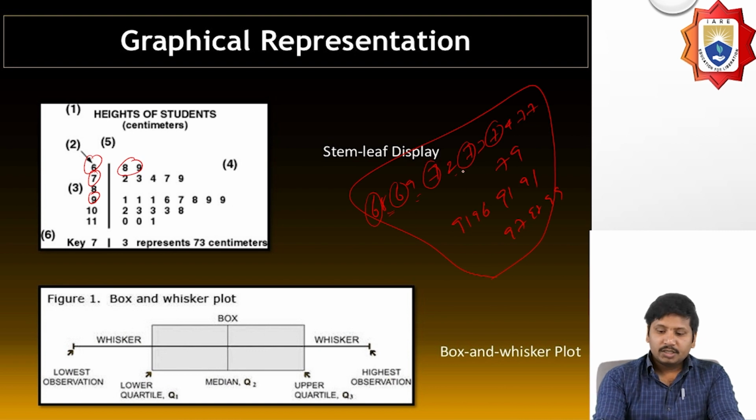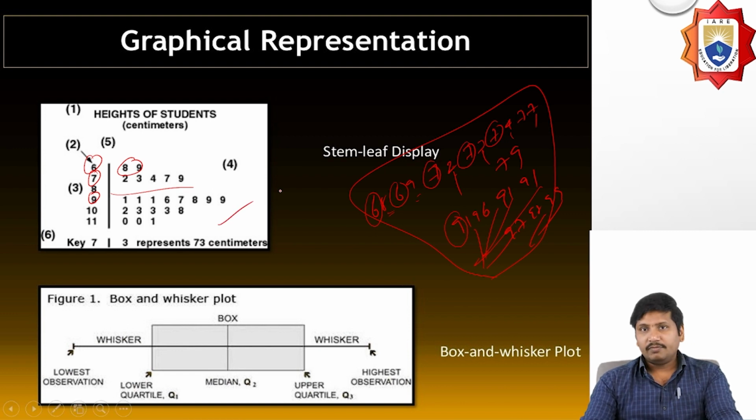If I consider 7 as the stem, the leaves are 2, 3, 4, 7, 9. Similarly, with 9 as the stem, the leaves are 1, 1, 1, 6, 7, 8, 9. Like this, we can construct the stem and leaf graph.